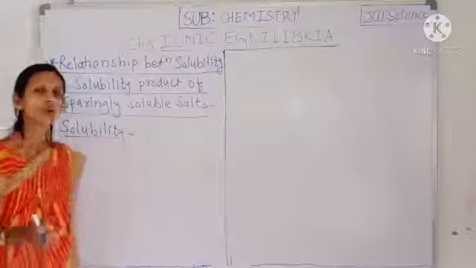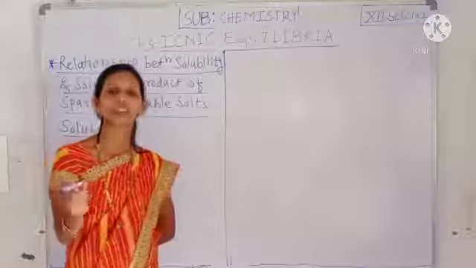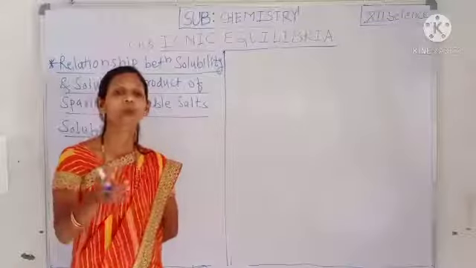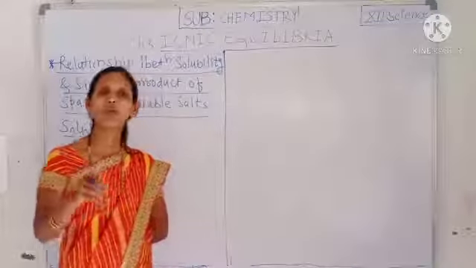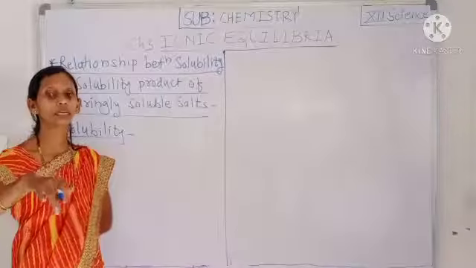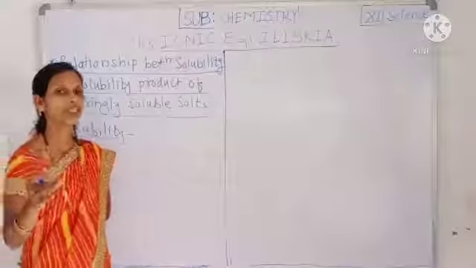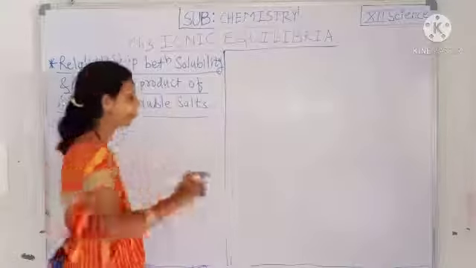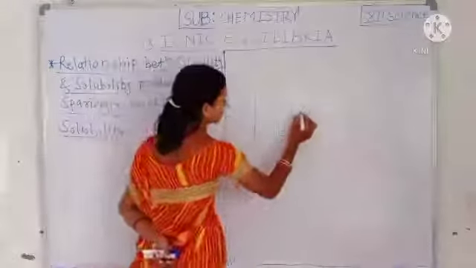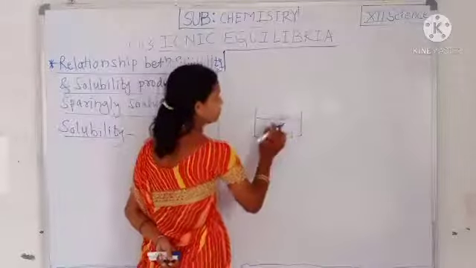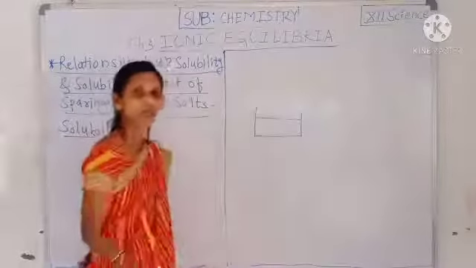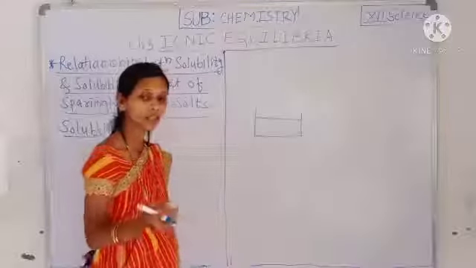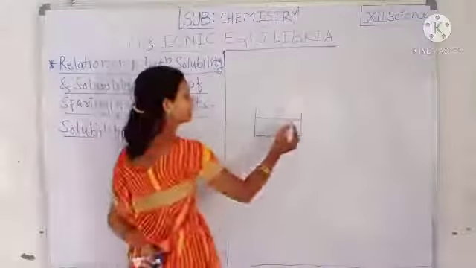Solubility of any substance is the amount, or number of moles, dissolved per unit volume of solution. The solvent, that is water, is taken here.